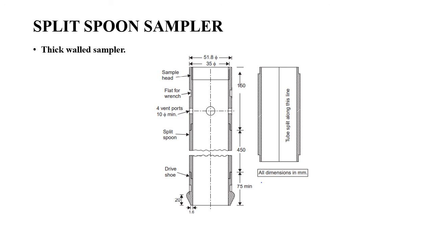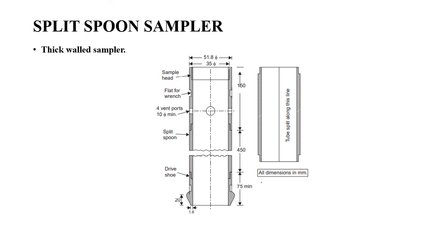Once you retrieve the sample, we have to put this soil sample carefully in a glass jar and seal it properly. All these samples have to be taken to the laboratory for property determination, so the samples should not be disturbed at all. As obtained from the sampler, it has to be taken out and carefully put in a jar and sealed.